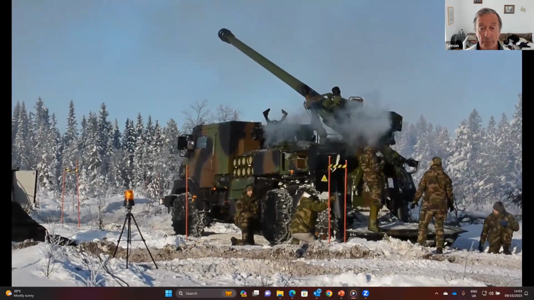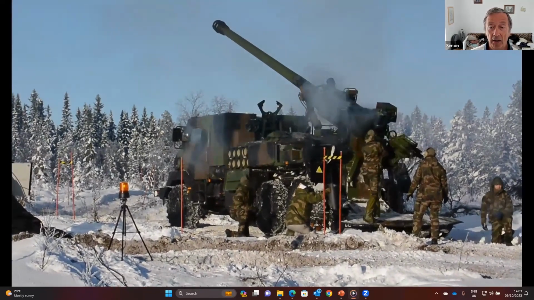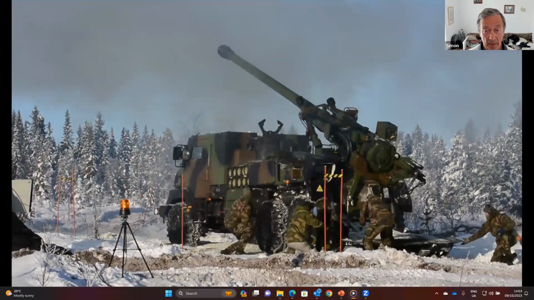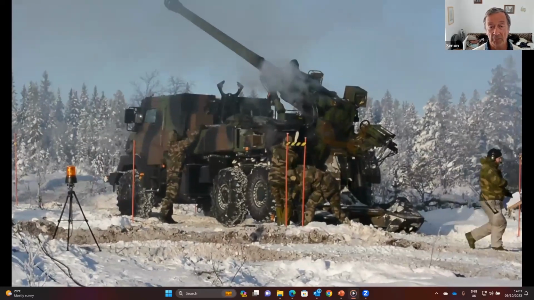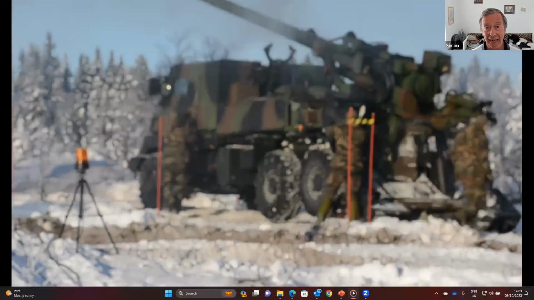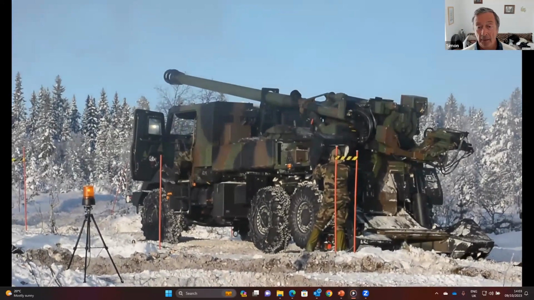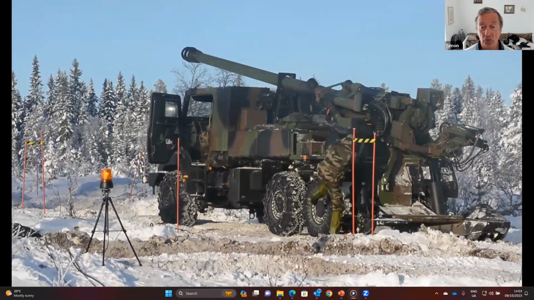So this is the problem. You fire a shell at somebody, they're going to detect it, because you'll see in just a moment the shell detection radar, the radar that detects the shell going out. But first of all, you've got to get your vehicle ready.